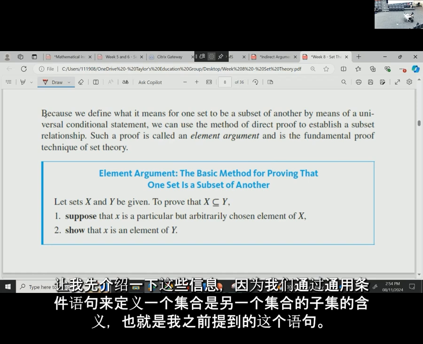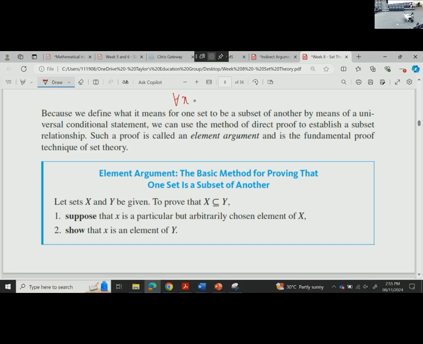Okay, let me go through this information first, because we define what it means for one set to be a subset of another by means of a universal conditional statement, the statement that I mentioned to you, this one.